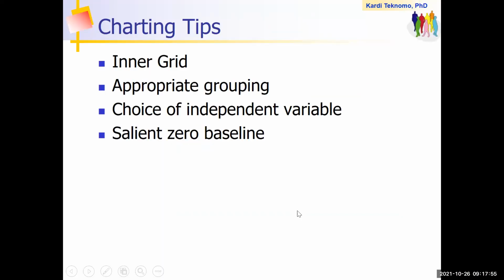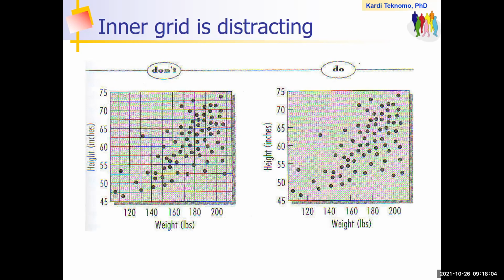These are the four topics I want to discuss. The inner grid, the appropriate grouping, the choice of independent variable, and put the zero. So sometimes you want to put grid, sometimes you don't, right? When are you going to put the grid, and when are you going not to put the grid?